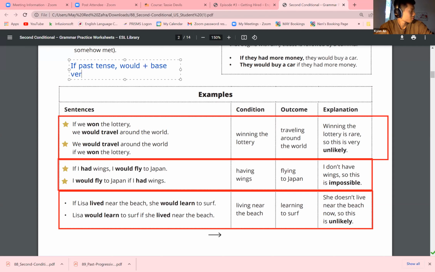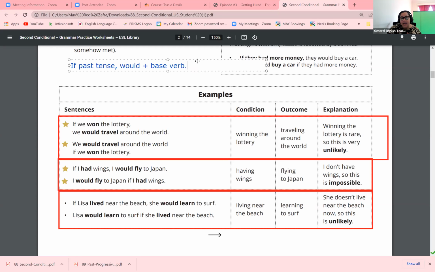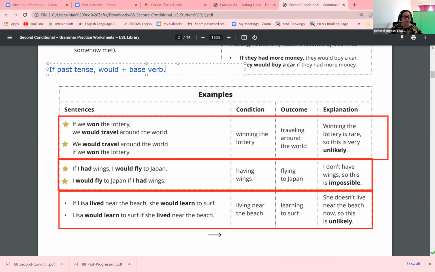Okay, write me your sentence in the chat box, please, everyone. And please try to use really good long sentences, especially those of you who've been studying for a while now. I'm expecting you to have good sentences. Use the chat box.